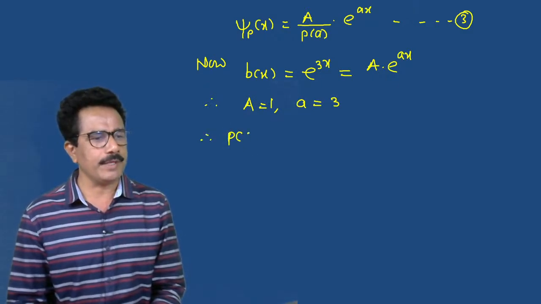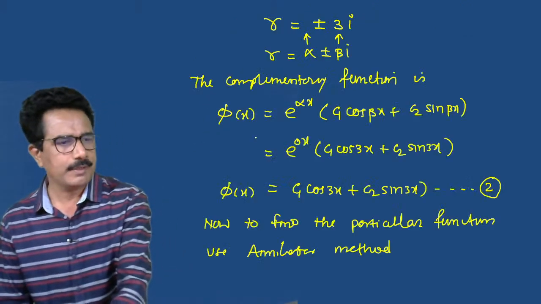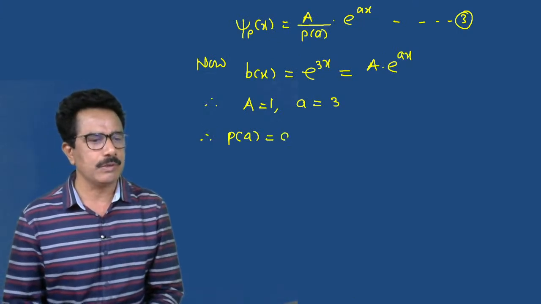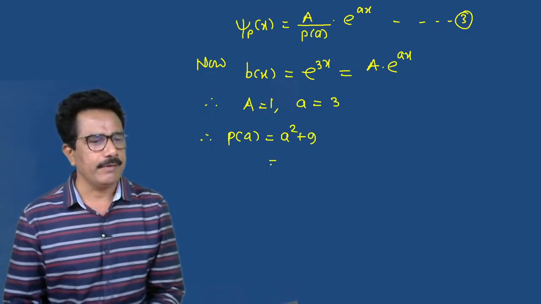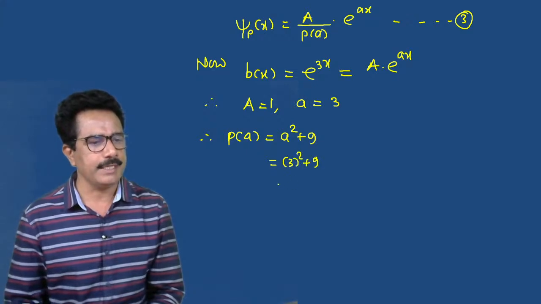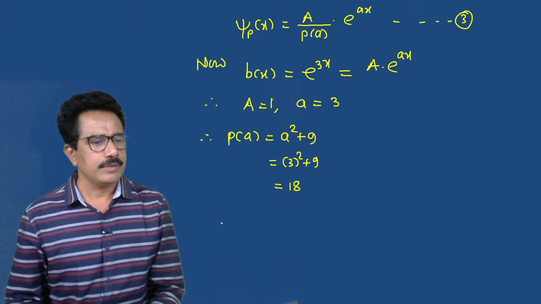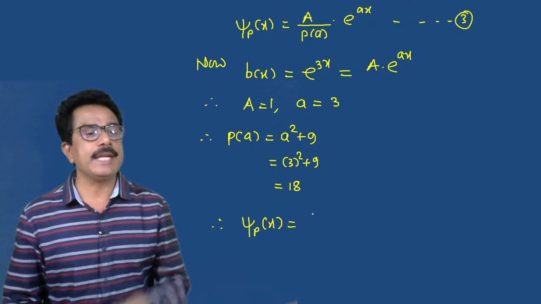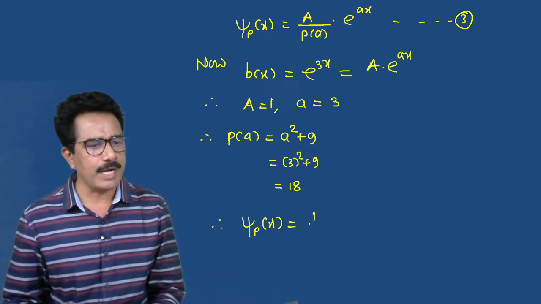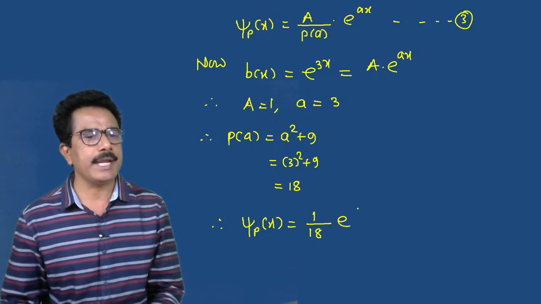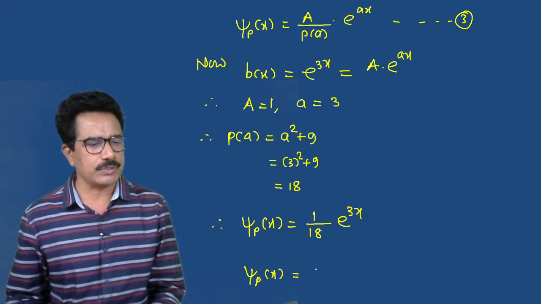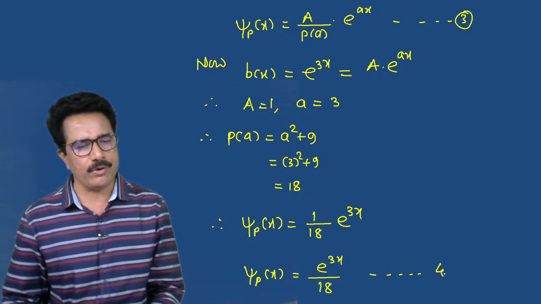Therefore p of a is p of r, meaning r square plus 9. So p of a is equal to a square plus 9, which is equal to 3 square plus 9, that is 18. So we get psi p of x is equal to A divided by, A means 1, divided by 18, e raised to 3x. So psi p of x is equal to e raised to 3x divided by 18. Suppose this is 4.